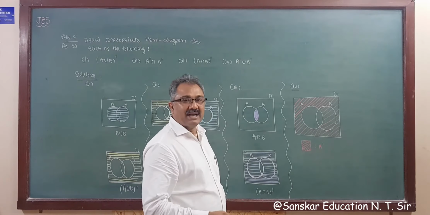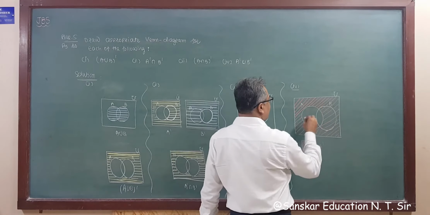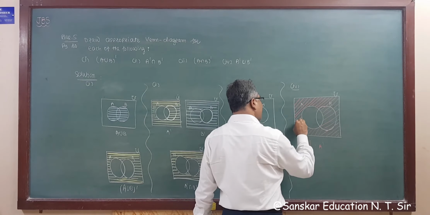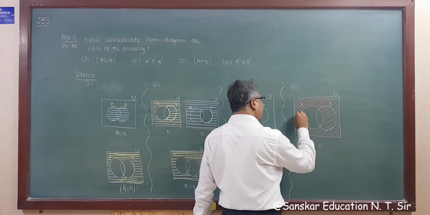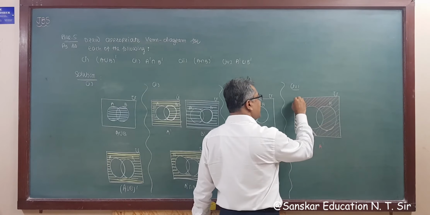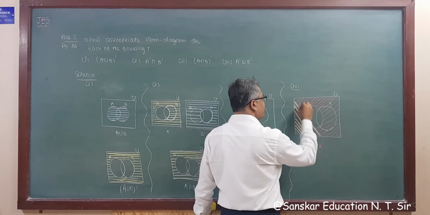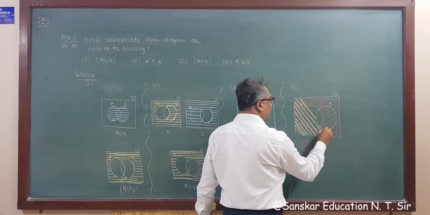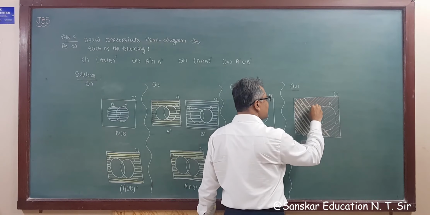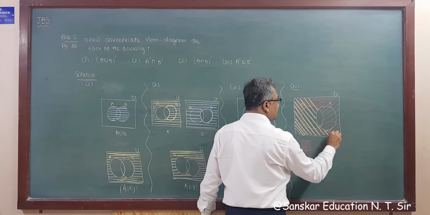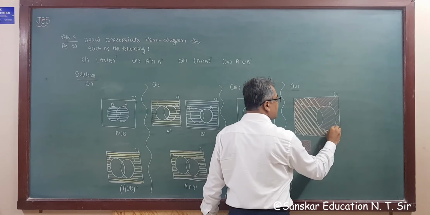Now B dash means the set of all points other than B, that is, all points which are in U but not in B. So this is B dash.